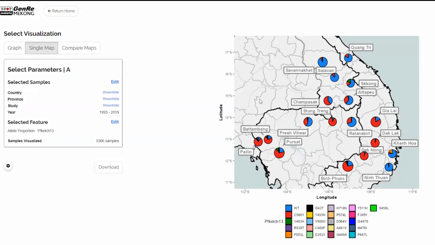So here we can see a similar pattern where along the Cambodian border, there's a very high prevalence of the C580Y kelch allele. What if I would like to see it not geographically, but for the proportion of kelch alleles for different years? So what I can do is go back to graph.